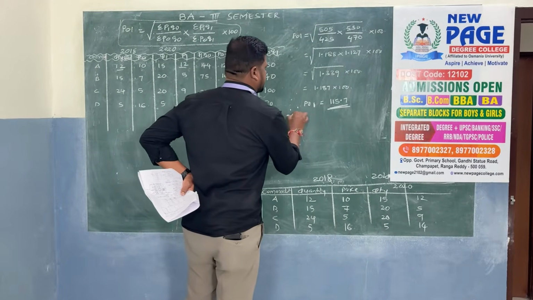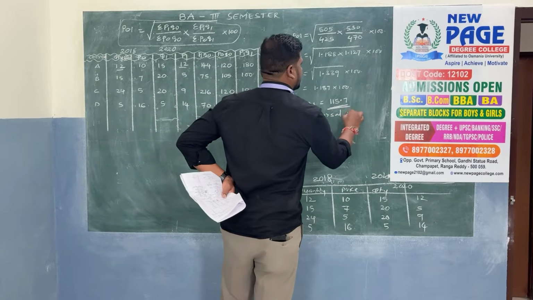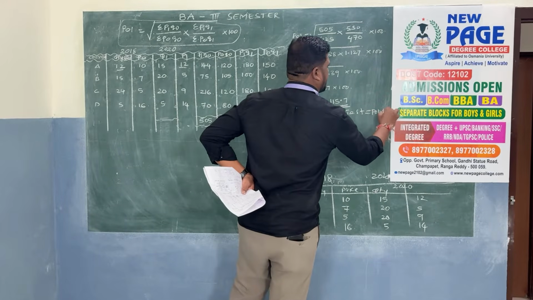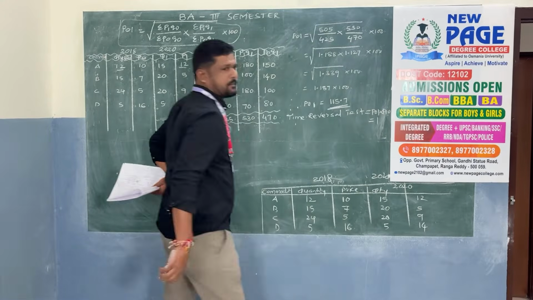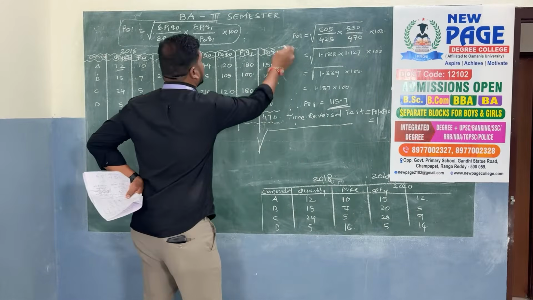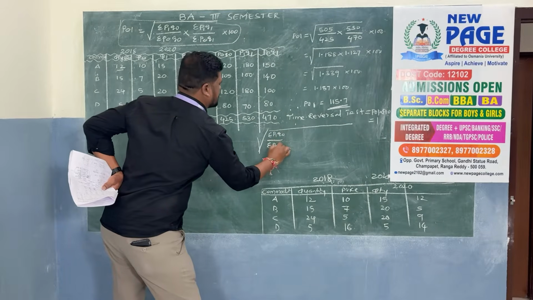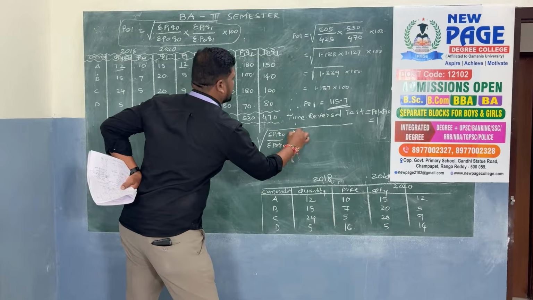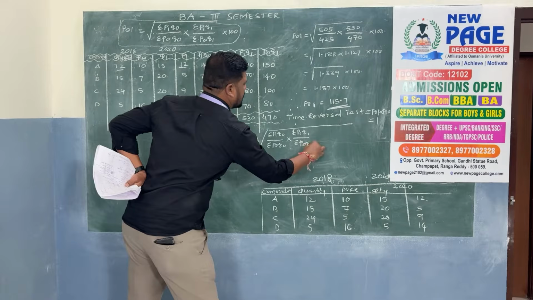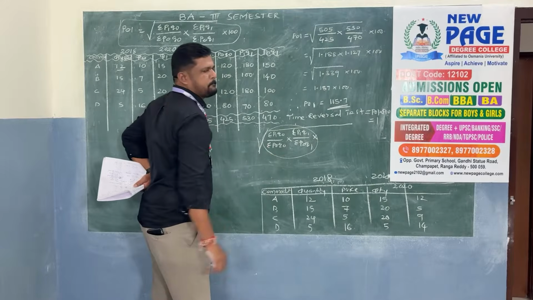Time reversal test is equal to P01 into P10 is equal to 1. Simple. Right? Here the applicable formula is sigma P1 Q0 by sigma P0 Q0 into sigma P1 Q1 by sigma P0 Q1, which refers to the P01.